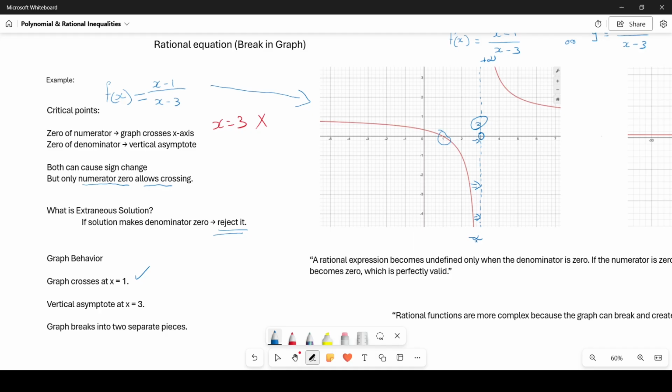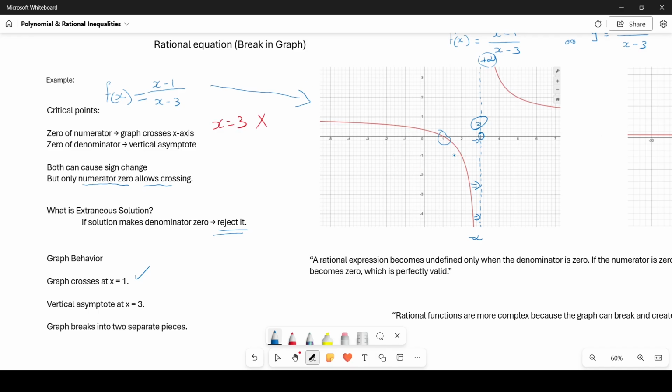When the x value almost touches 3, there is no solution. Suddenly at this point there is no solution for this equation. Then after 3, suddenly the y values jump to the maximum, positive infinity. From the positive infinity, again the graph will go down towards 0. So this is the behavior of a rational equation.